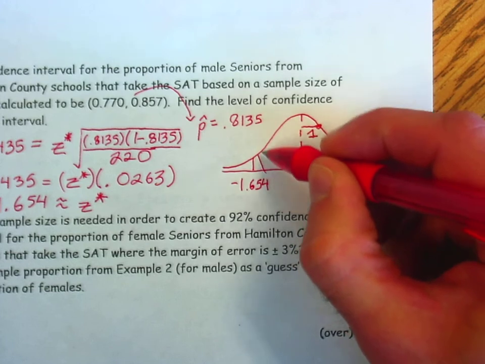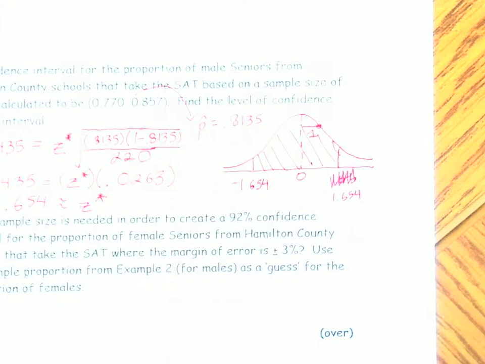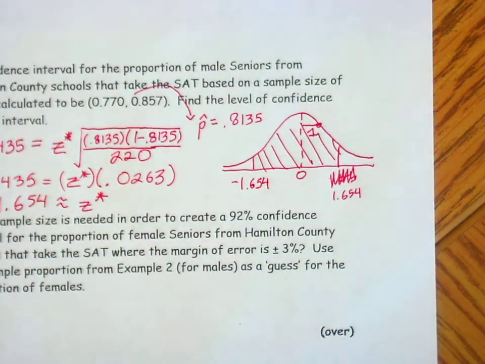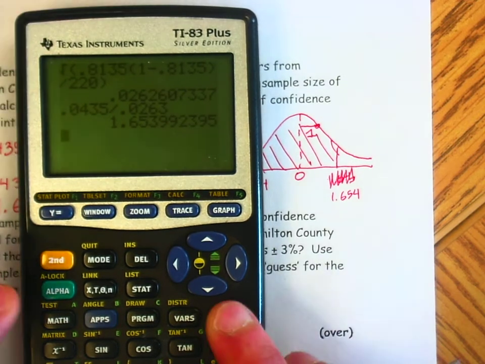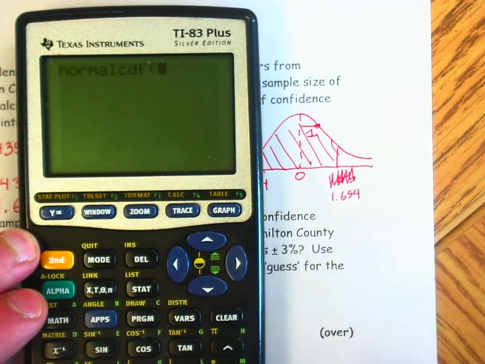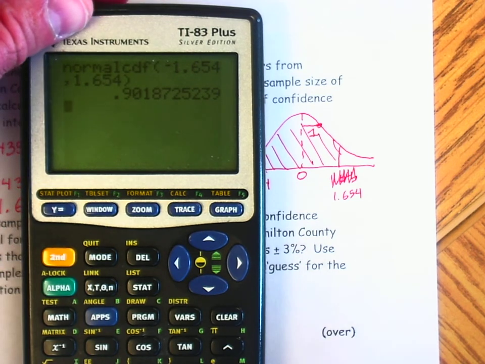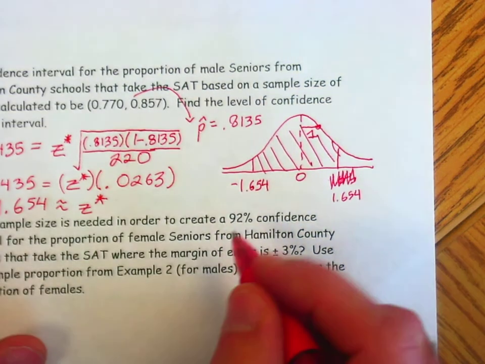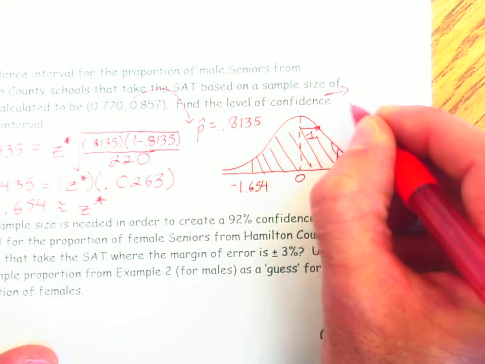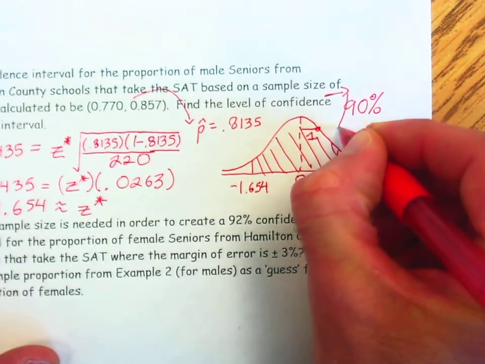And if I wanted to, I could use the normal CDF command to find the area between those boundaries. Again, this is not something that you have to do, but something I would want you to remember. Negative 1.654 up to positive 1.654. And there you go, there's the 90%. The difference is essentially rounding error. So this really is 90% confidence. And we are good to go. The level of confidence, 90%.